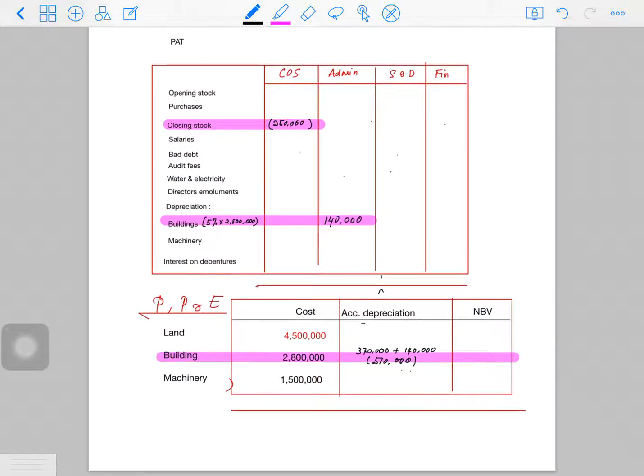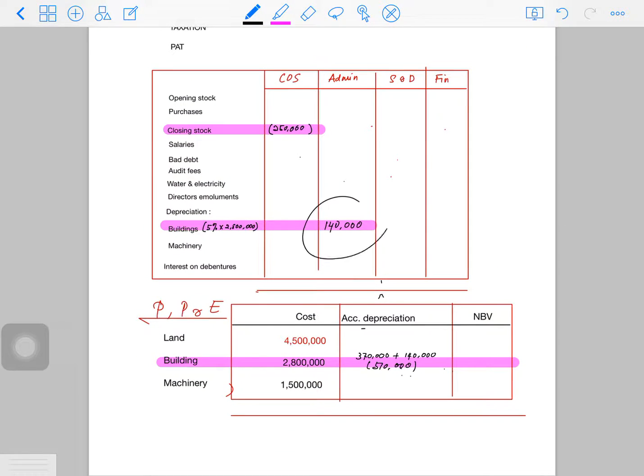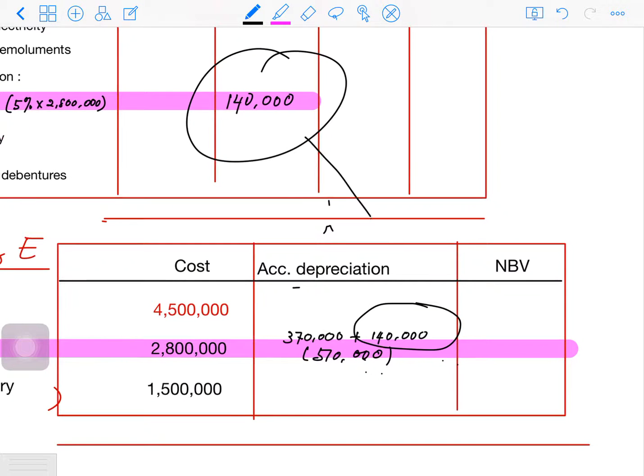So the double entry is between here and here: 140 debit in the administrative expense and credit accumulated depreciation.